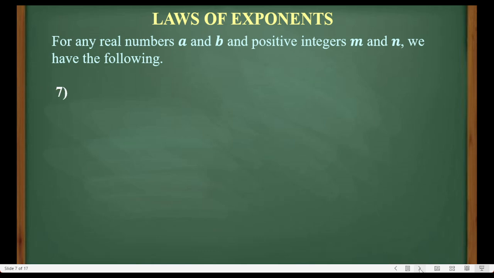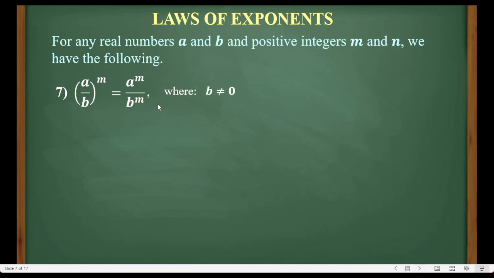And this is law number 7. Particularly, we call this law the power of a quotient law. So if we're going to consider the mathematical statement of this one, we have quantity a over b raised to the m power is equal to a to the m over b to the m.